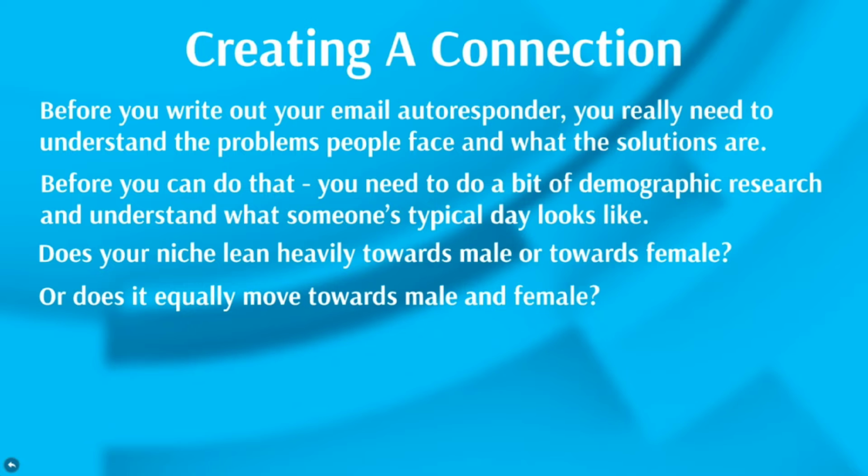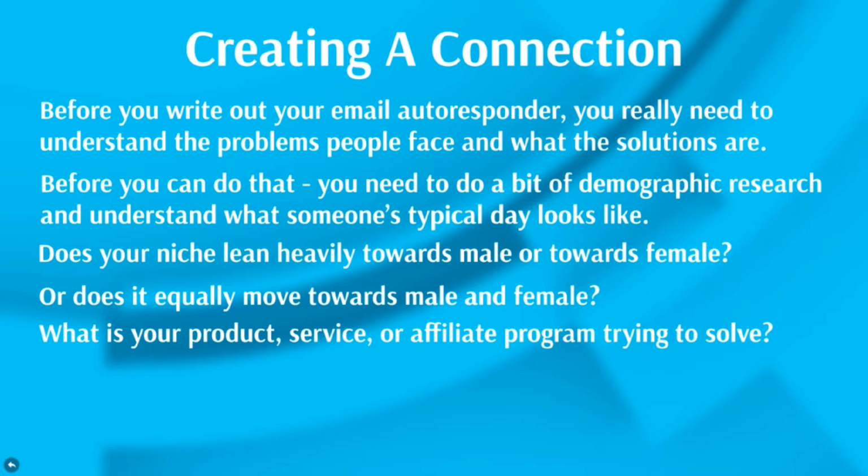But even at 75%, you're moving towards that 50% where it's both male and female. If it's heavily towards males or females, 80% or above, or 90% or above, then you want to jot that down. The next question is, what is your product or service or affiliate program trying to solve?